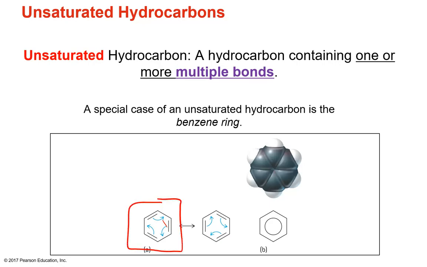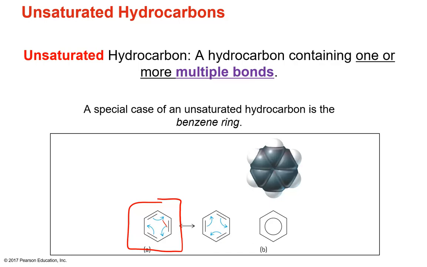Six. Good job. How'd you come up with six? Because I counted the points. Right. There were six points.